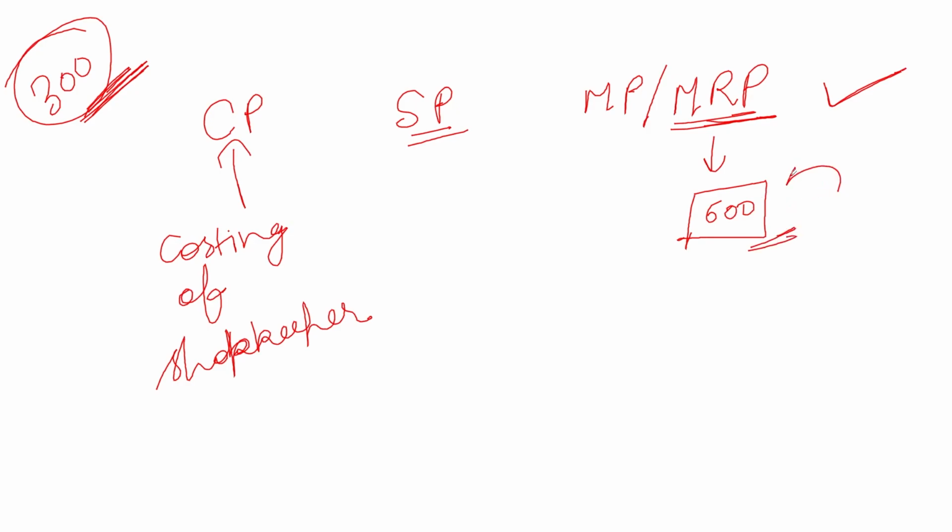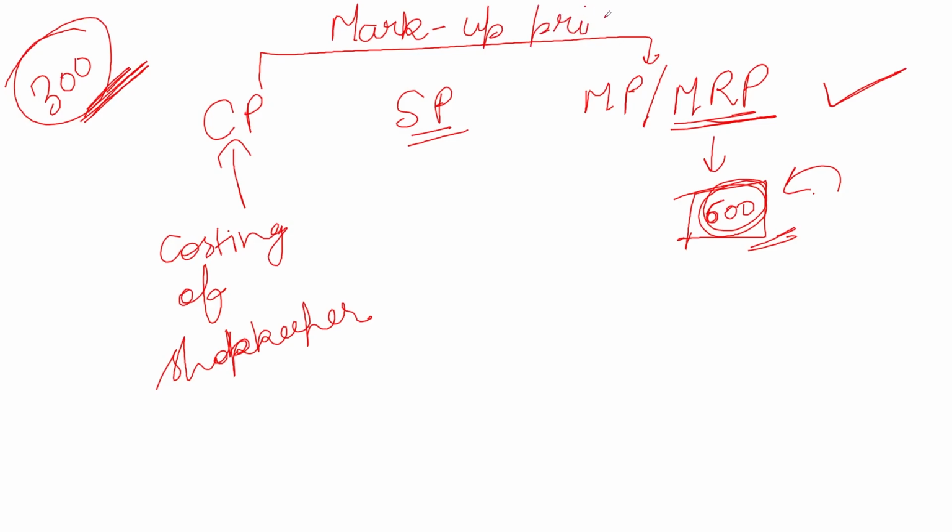So when you go to the shop as the customer, the price that you see and have to pay is rupees 600. And this rise from cost price to MRP is called the markup price. Basically, this is the difference between MRP and cost price.